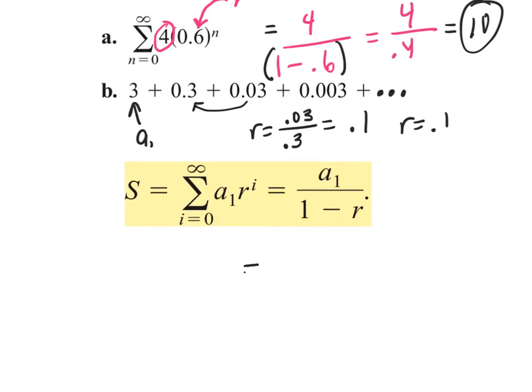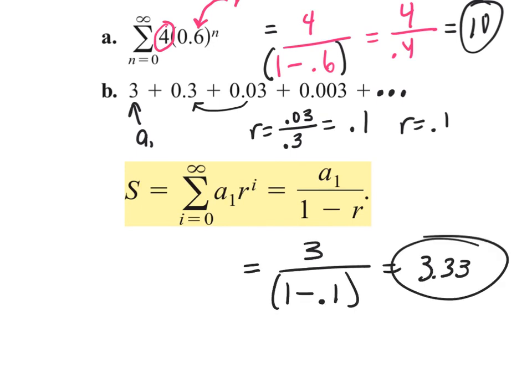So I literally will say 3 over 1 minus 0.1. Do that in your calculator. 3.3 repeating. It's 3.3333, something like that. Make sense? Okay. That's it.